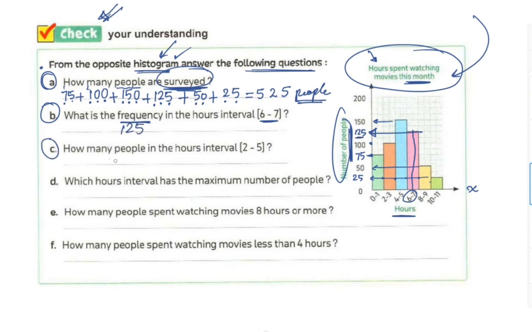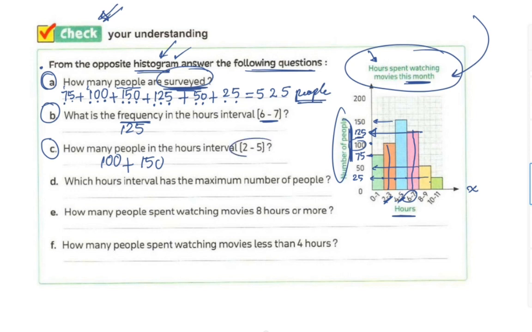C. How many people in the hours interval 2 to 5? From 2 to 5, where we have 2 to 3, I need to add this interval to this one. From this bar we have 100, and adding 4 to 5 we have 150.